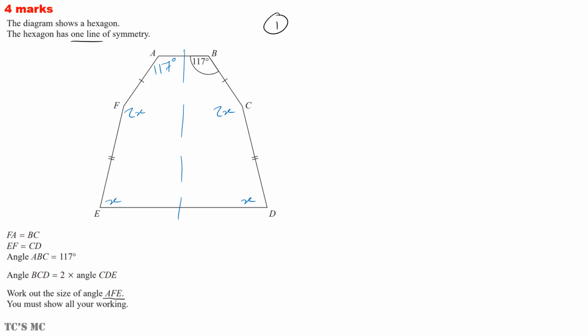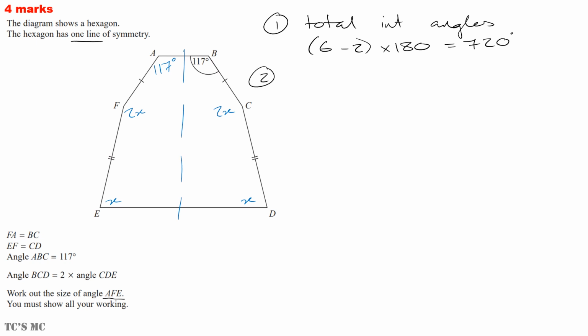Now I'm going to work out the total interior angles of a hexagon. I need to do 6 subtract 2 multiplied by 180, and that gets me 720 degrees. That is our first mark. Now I'm going to create an equation.